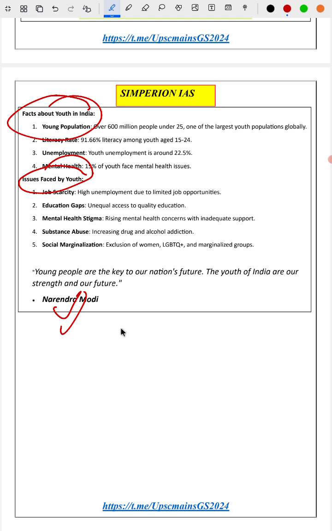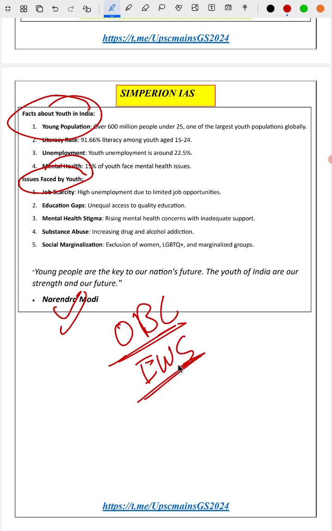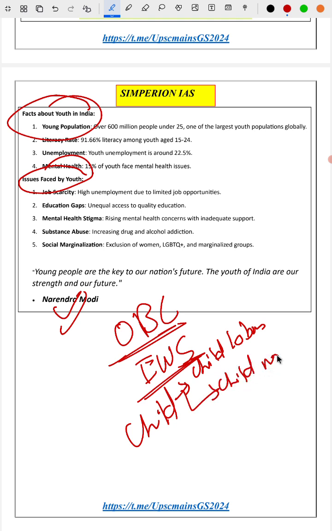So in this we have discussed the topic of OBC, that is other backward classes, and EWS, economically weaker sections of society. We discussed the topic of children, in which we discussed the mainly important topics of child labor, child marriage, drug abuse among the children, and child trafficking.